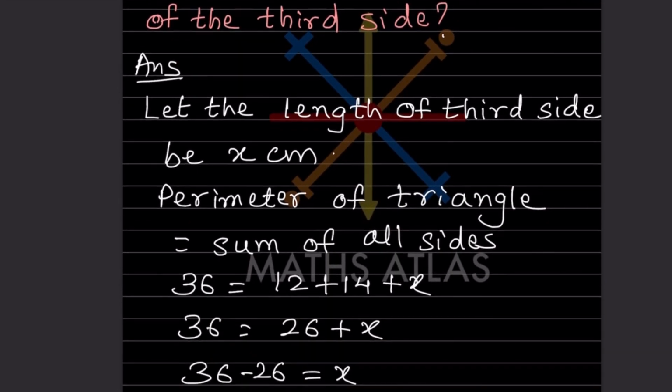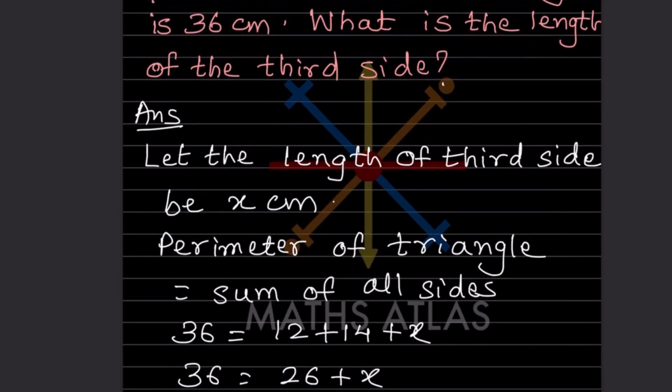So what are you going to do here? First we'll write, because we don't know the length of the third side, let the length of the third side be x centimeter. Then you are going to write, perimeter of triangle is the sum of all sides. So below this perimeter, 36 is given in the question over here, and the sides 12 and 14 are given, and we have assumed the third side as x.